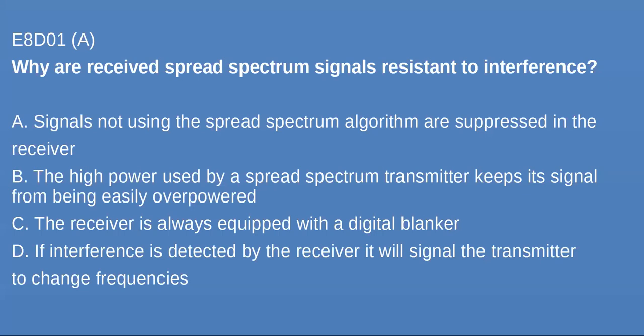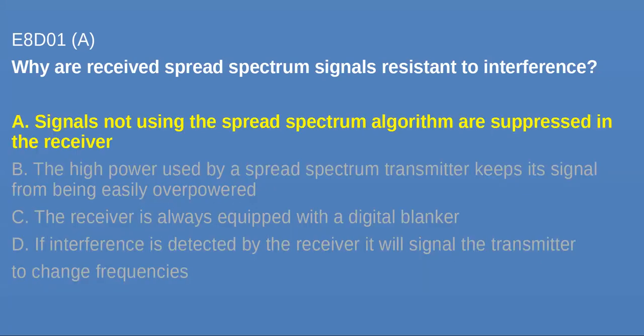So why are received spread spectrum signals resistant to interference? Because they think they're suppressed. Okay.